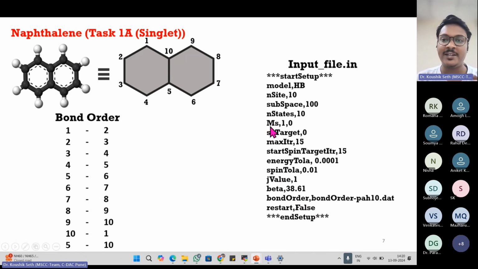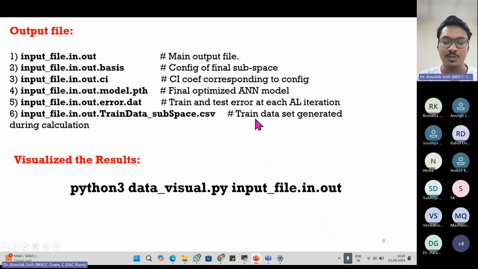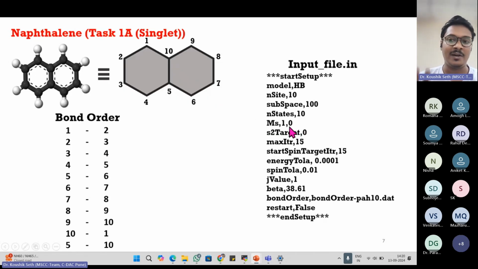You know the z component of a spin is ms. For a singlet state, 5 up, 5 down, the total ms is 0, because plus half for up and minus half for down, so total 0, and total spin expectation value is going to be 0. In the case of triplet, the ms value is going to be 1 and the spin target value is going to be 2, S2 target.